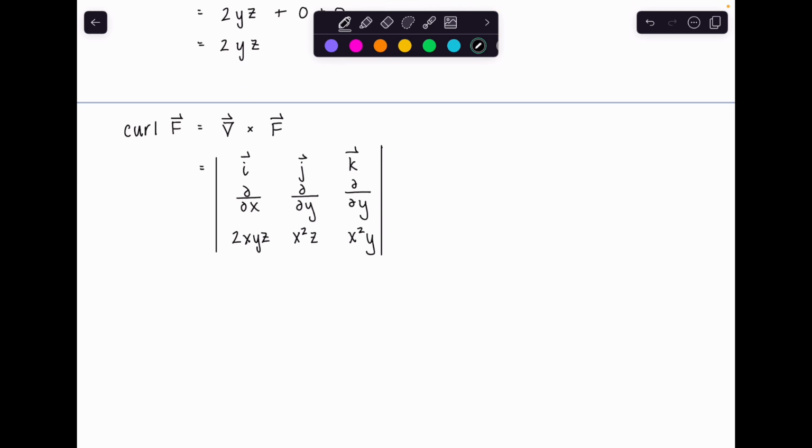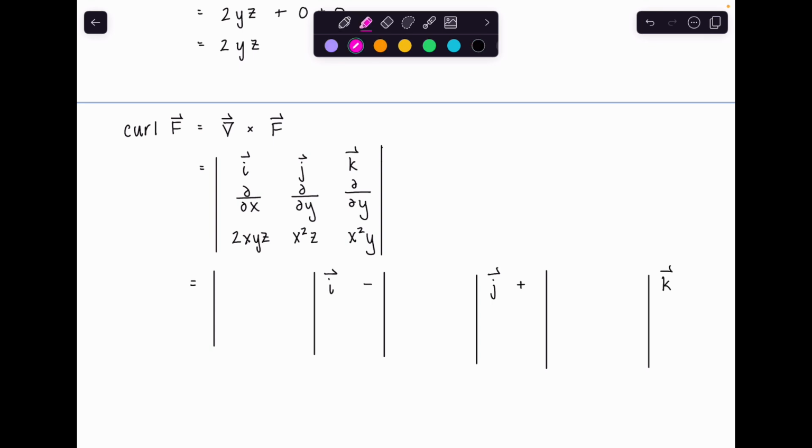Okay. So this results in 3 smaller determinants that I have to do. So I get something times i minus something times j plus something times k. So that's doing that expanding along the first row.